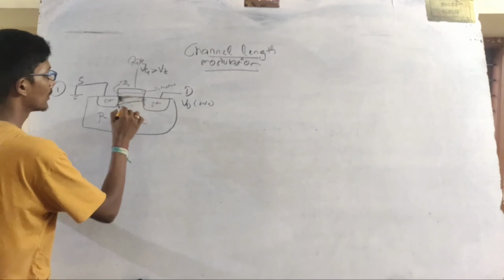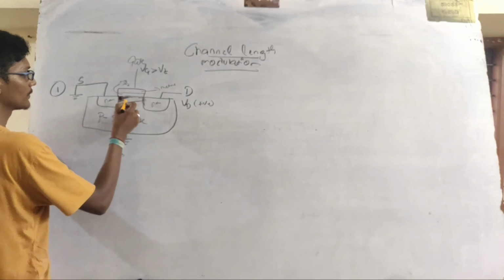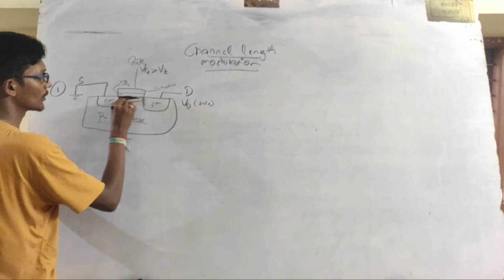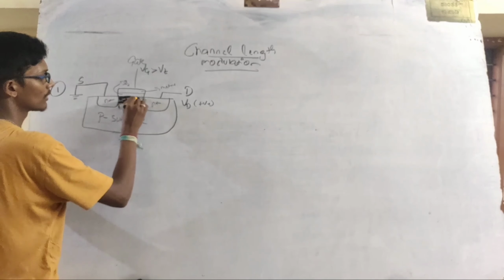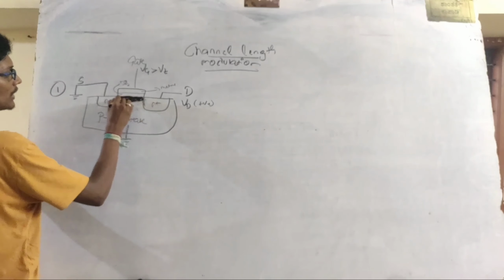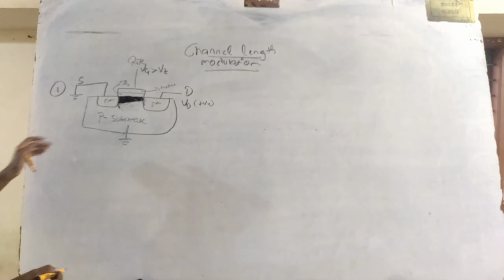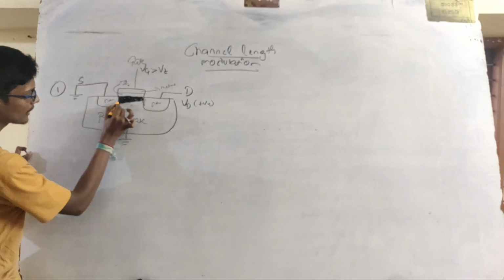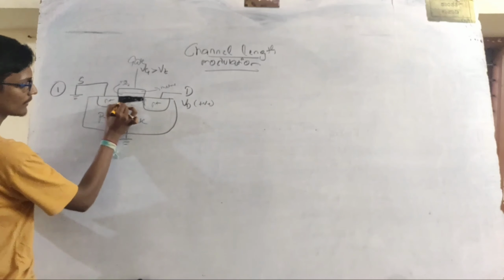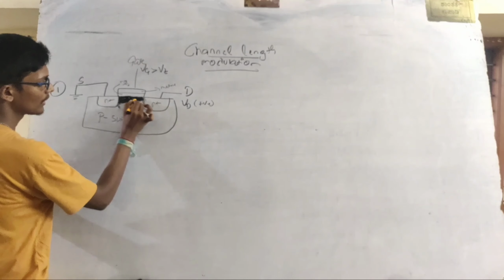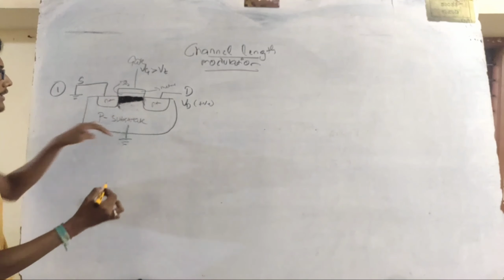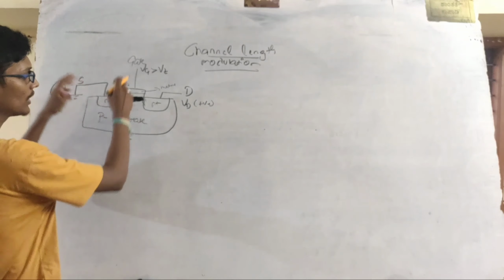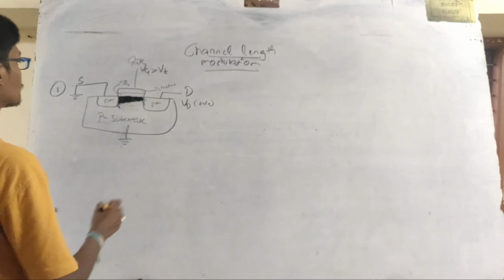I'll explain why this phenomenon happens. This is my inversion layer. Here it is very thick, very dense, and here it is on the edge. This inversion layer occurs when this connection is made.